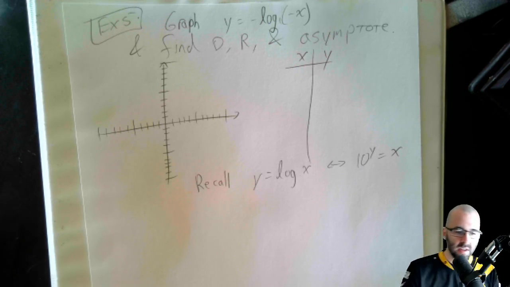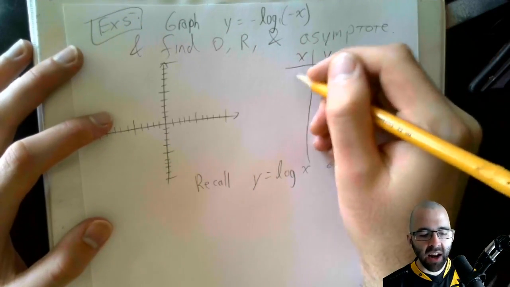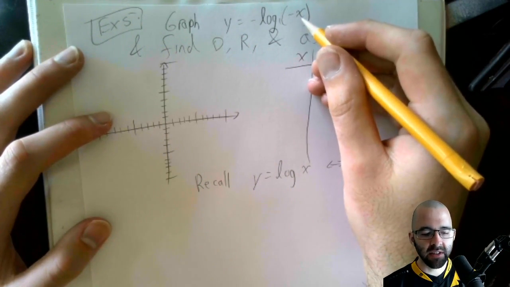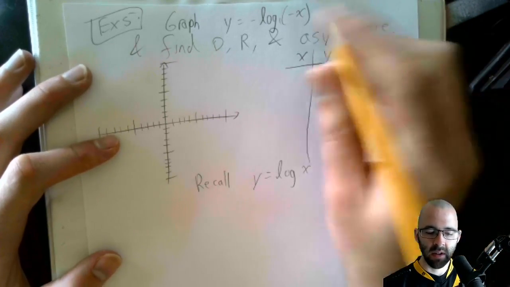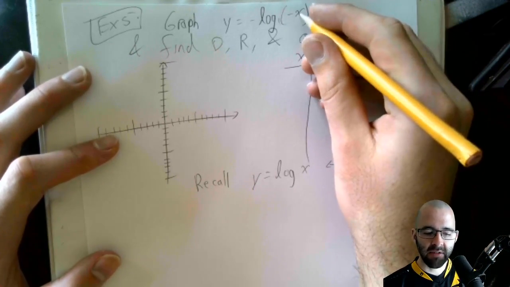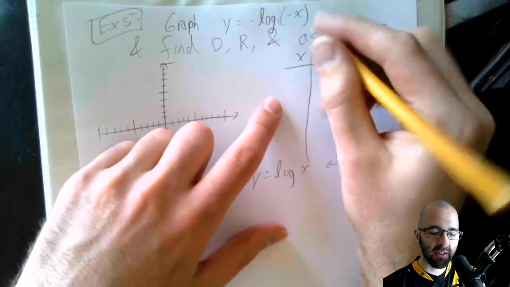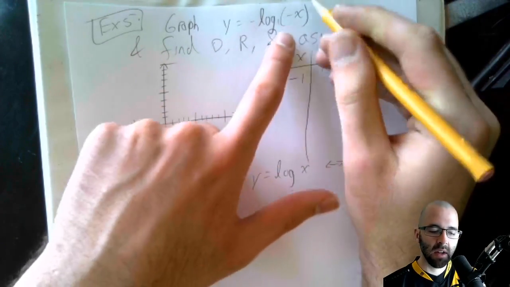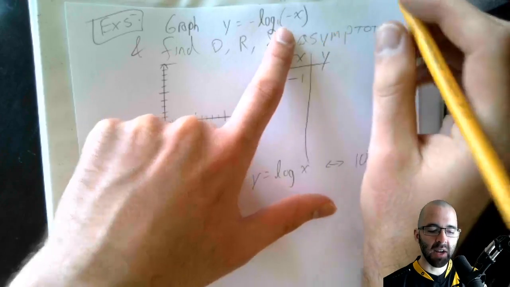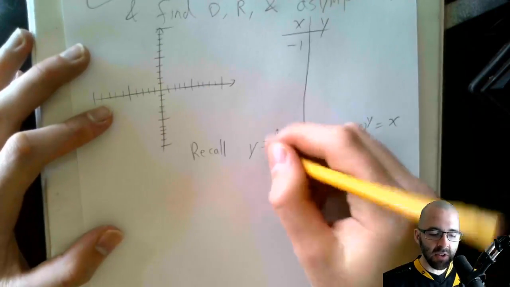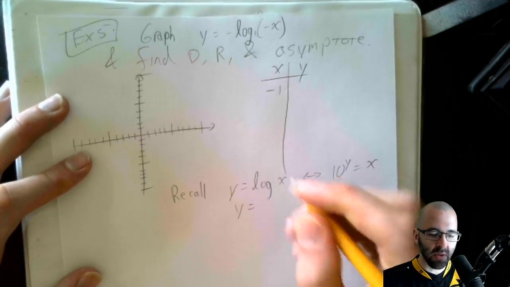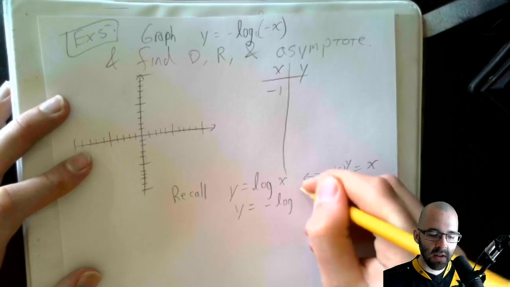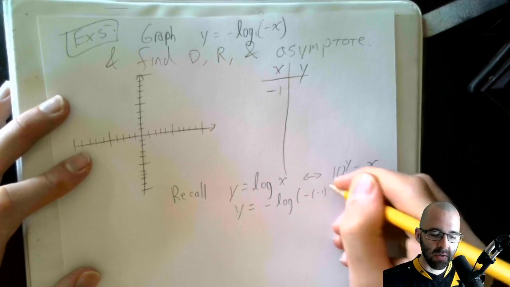All right? So for example, we cannot plug 0 into this function. If you use your calculator, you plug in 0, you're not going to get anything. Right? But we can plug in negative numbers, because if we plug in a -1, for example, then we get a -1 and +1. So you can use your calculator for this one. It's a common log, right? If you use your calculator, what does it give you for the negative log of -1?